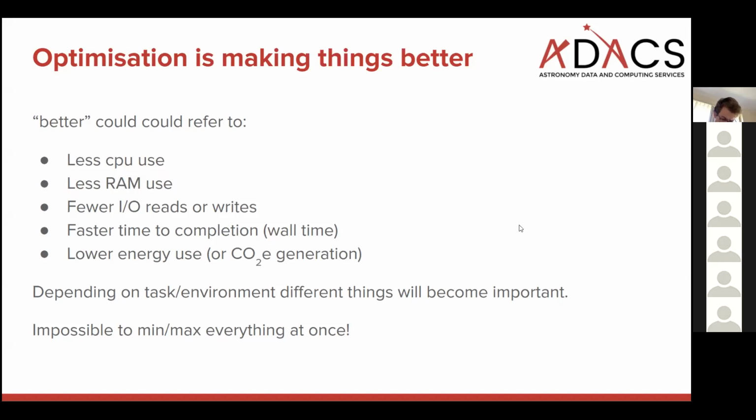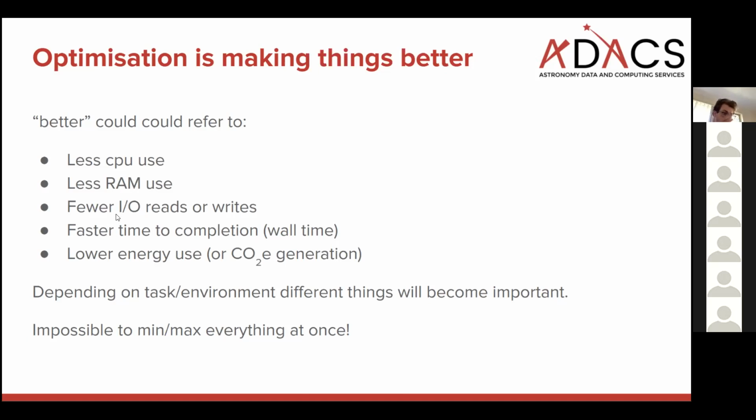Let's put it here. Okay, so let's say from the very start, optimization is essentially just making things better. It is a very general term because better can refer to a number of different things. So a better performing code or a better performing program could use less CPU, could focus on less RAM usage.